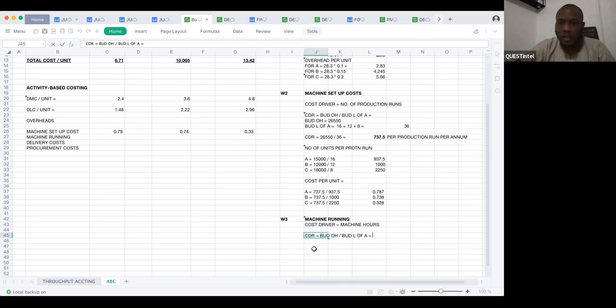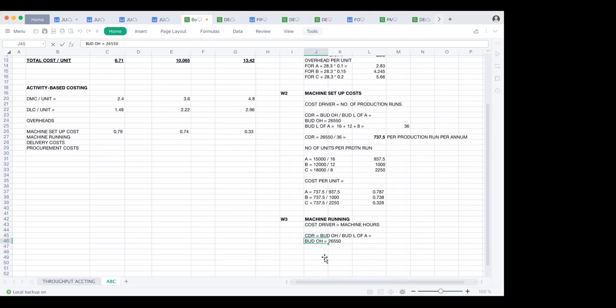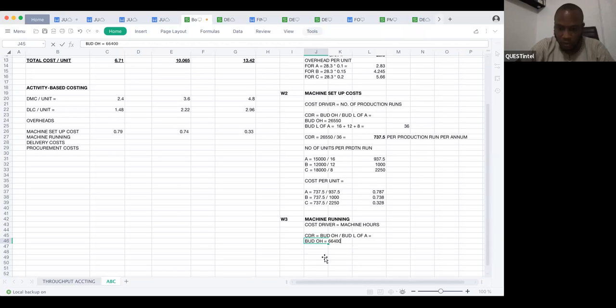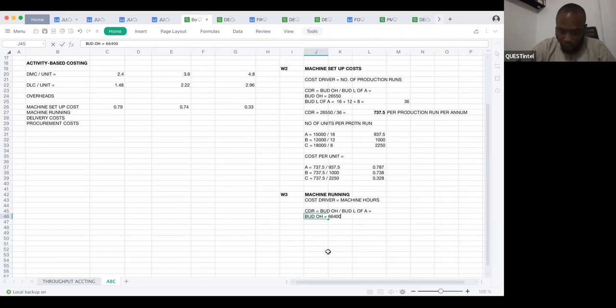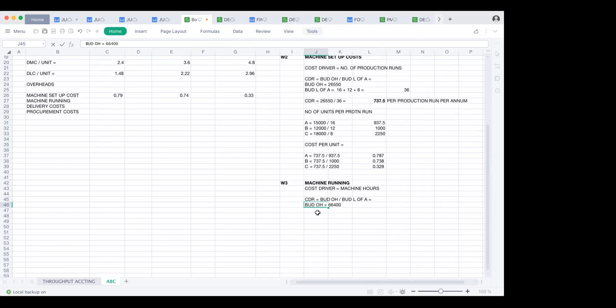Okay, so that's our budgeted overhead. So our overhead now was 66,400. That's our budgeted overhead.